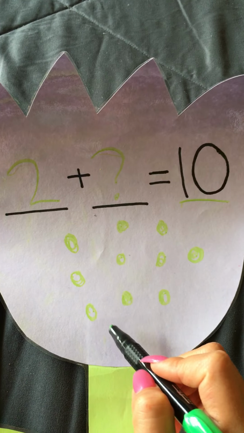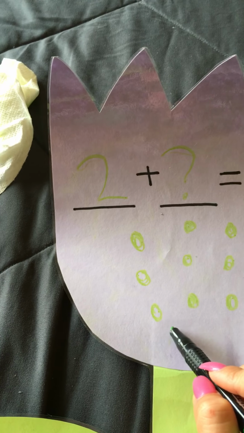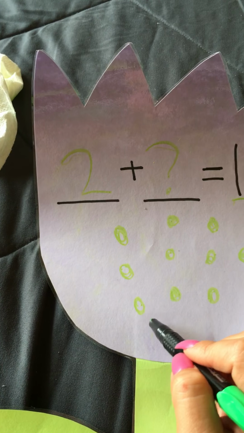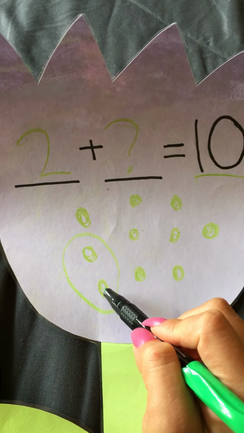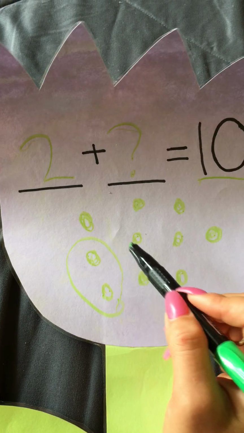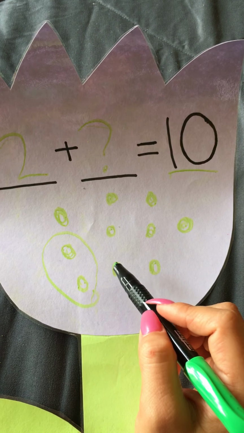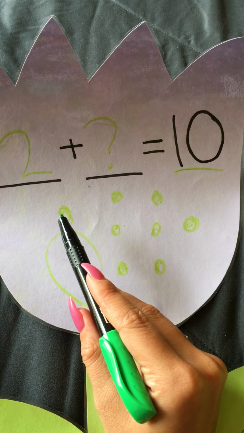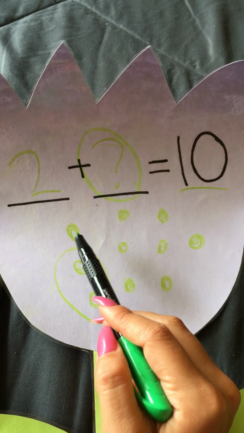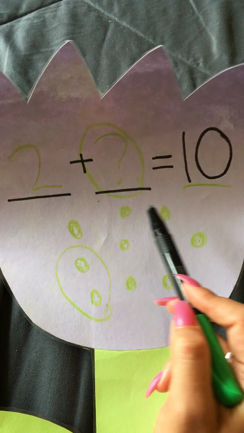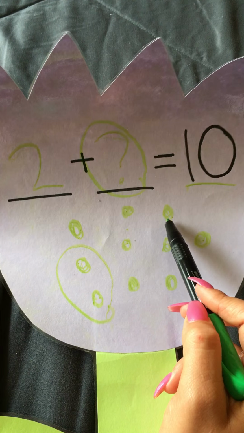First we're going to section off our 2 little dots since we have the number 2. Let's make sure I'm right this time. 1, 2. Yep. And now we're going to see how many dots are left outside of this circle because that will give us this number. Let's see. 1, 2, 3, 4, 5, 6, 7, 8.